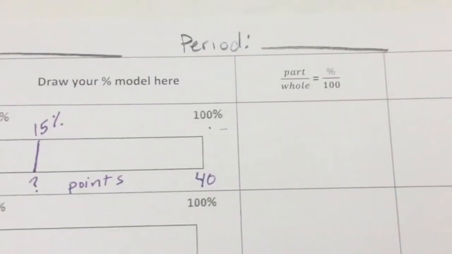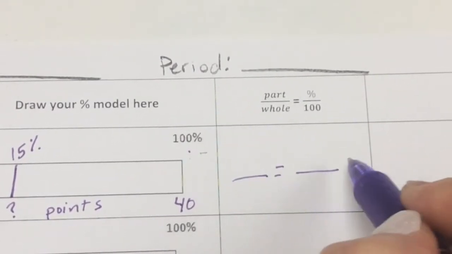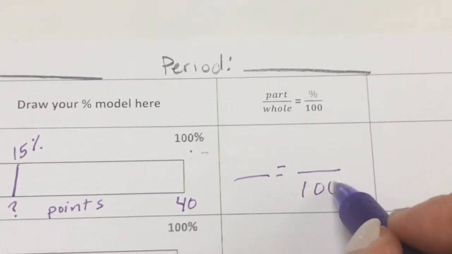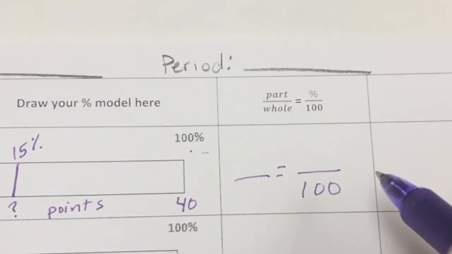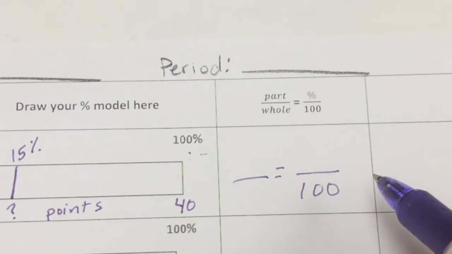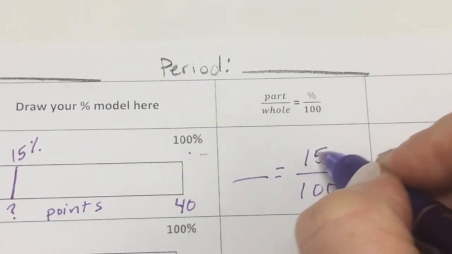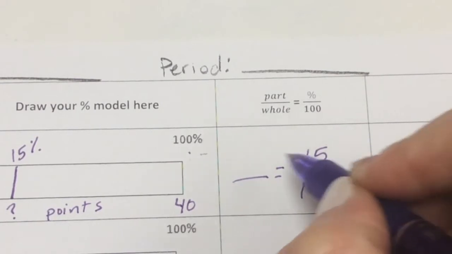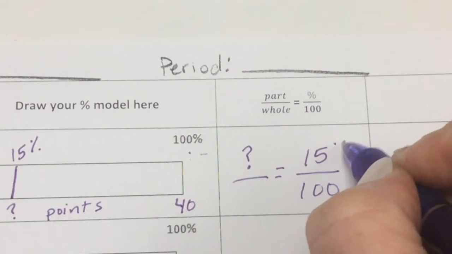Okay, so we go over to our part over whole equals percent over 100. We know that the 100 always goes here, but we want to know where the other ones go. If we're looking at the percent that he scored, 15%, we don't know what number he scored. We don't know the number that represents the 15% there.